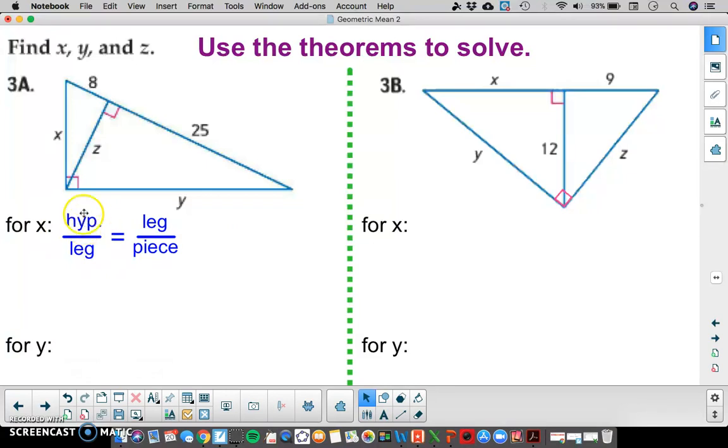Well, the whole hypotenuse of the big triangle is 33. We're going to be setting that up in that ratio. Hypotenuse over leg, the leg we're solving for is x, equals x over 8. And now we solve the proportion. X squared equals 264, and then 2 root 66 is our answer.